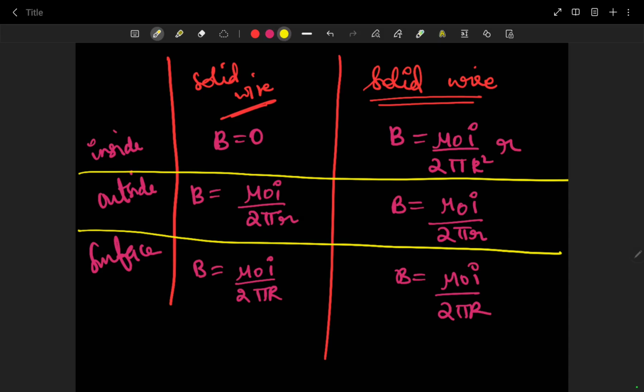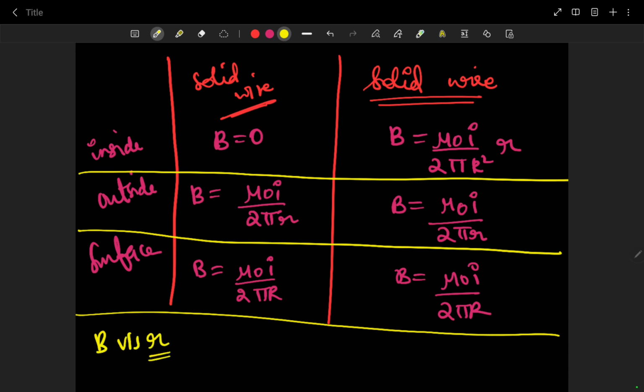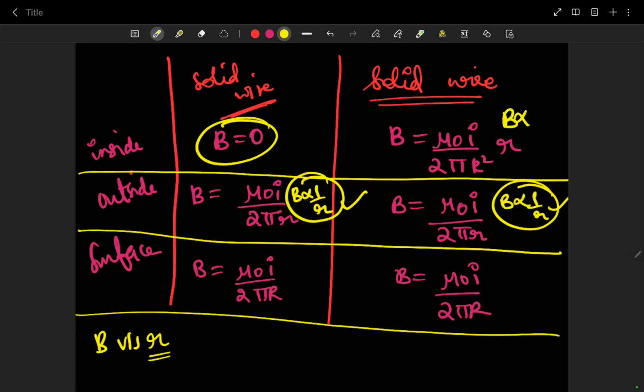You have to understand all these expressions are now collected in one place for our ease. We have drawn the B versus r graph, where r was the radius of the Ampere's loop. You can see that this is inverse and this is inverse, which is why outside the expression in both graphs is the same, but inside changes because over here it's directly proportional and over here it's 0.